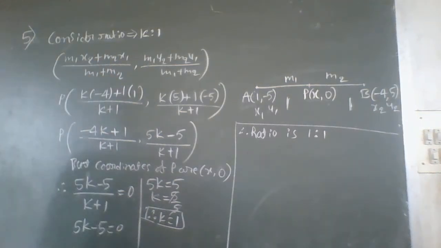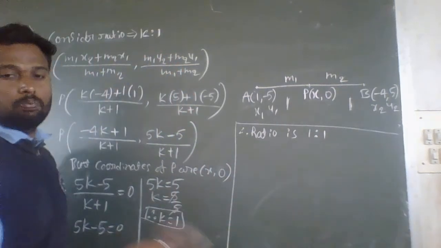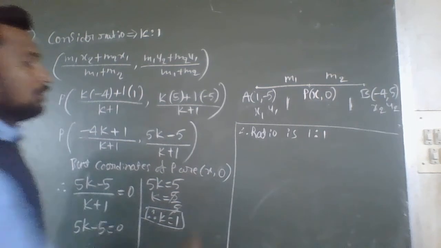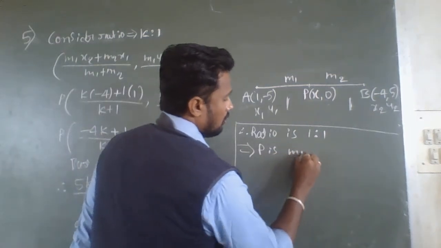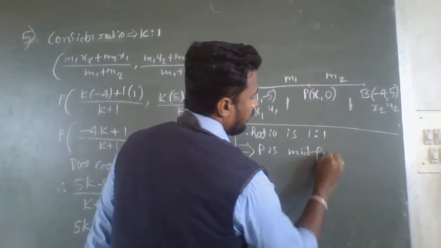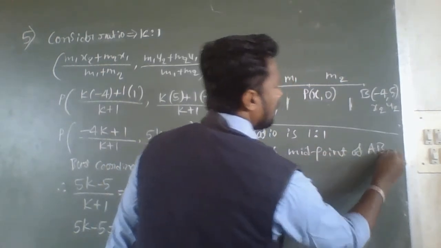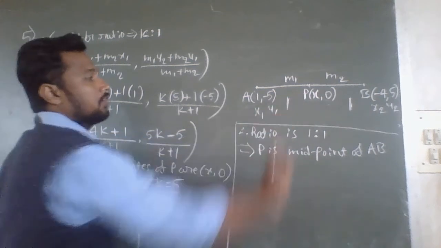So this P divides AB into 2 equal parts. So this P should be the midpoint. So P is the midpoint of line segment AB.